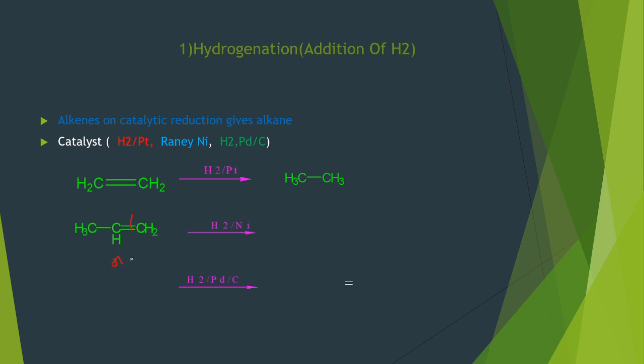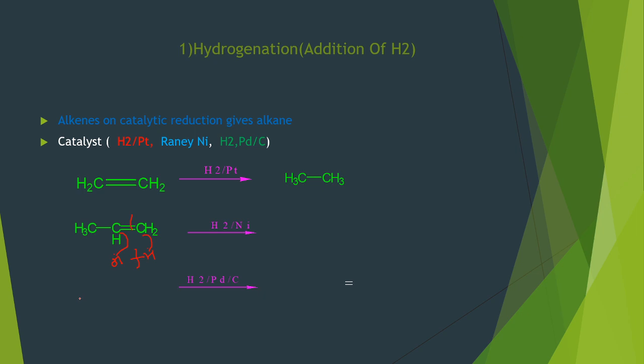Also we will take this H2. Now we have to break this hydrogen, and now it also has one electron. When we are breaking this double bond, the valency gets free. So just add a hydrogen atom here and also a hydrogen atom here.